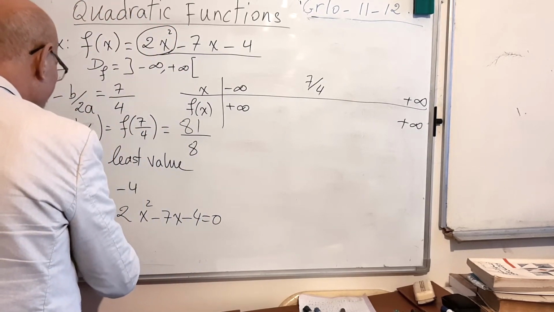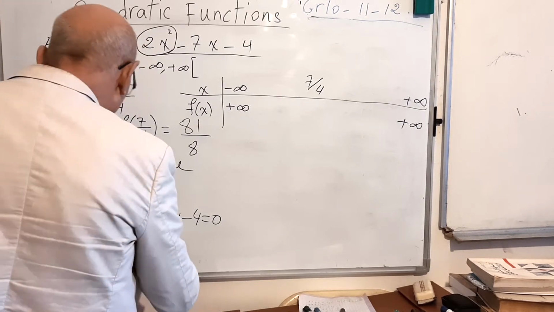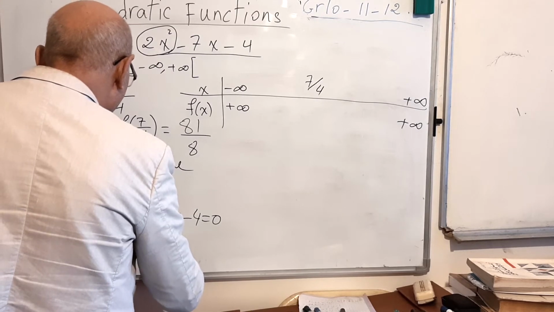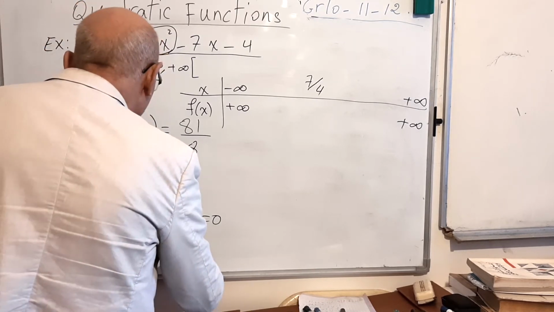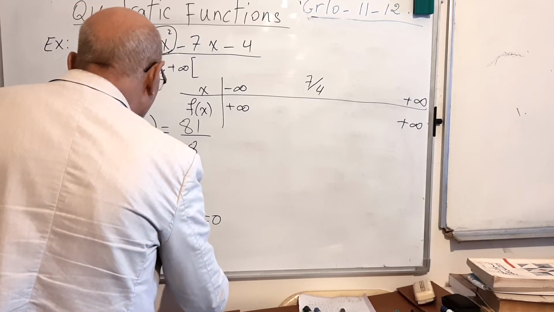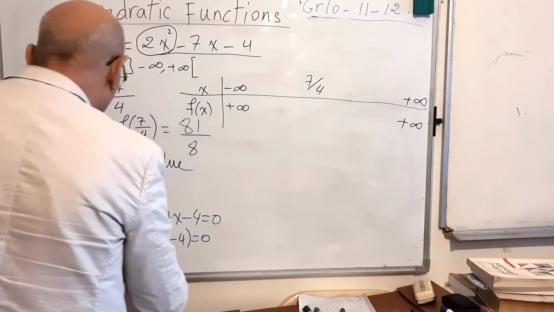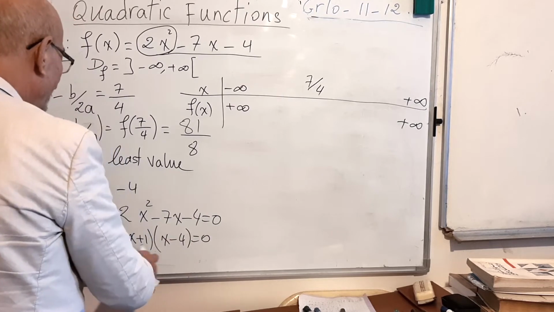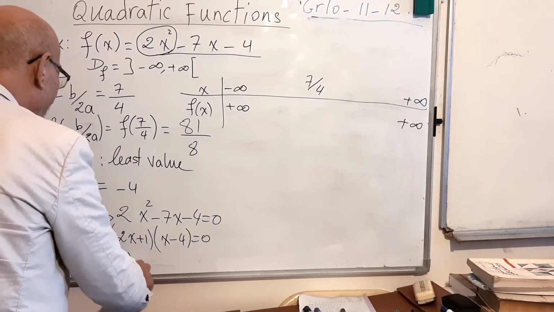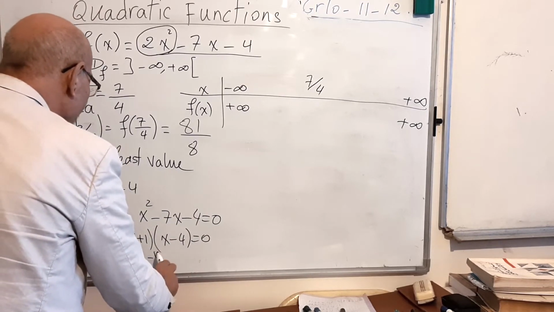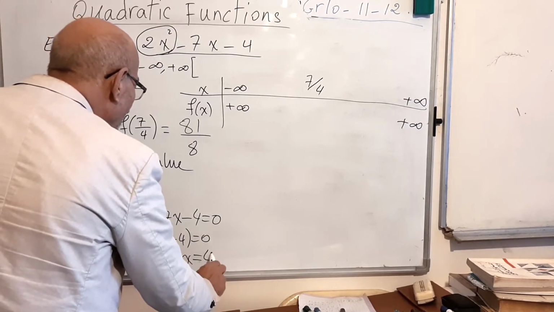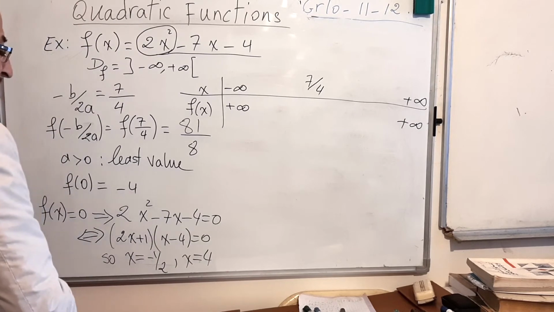This equation is equivalent to 2x plus 1 times x minus 4 equals 0. So the equation has the two solutions, x equal minus half and x equal 4.